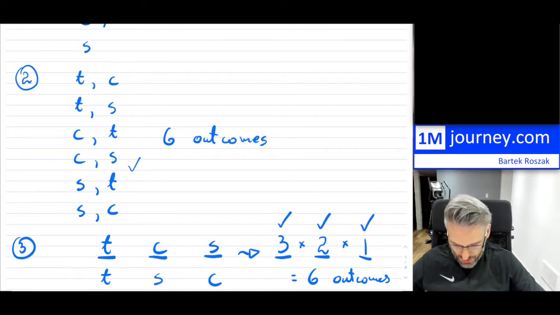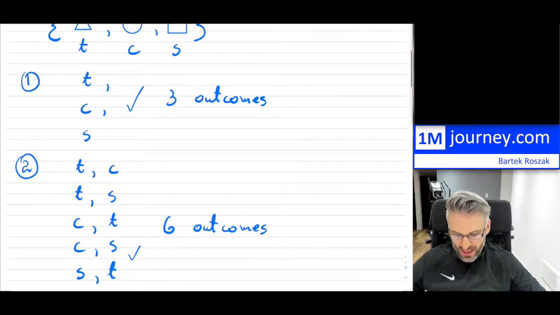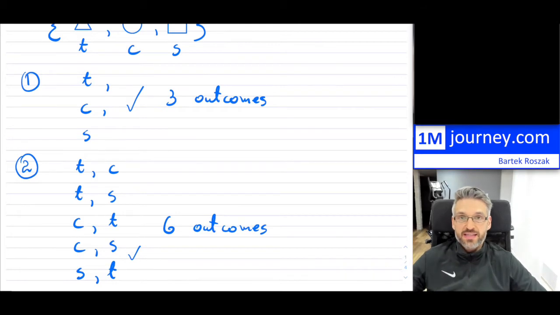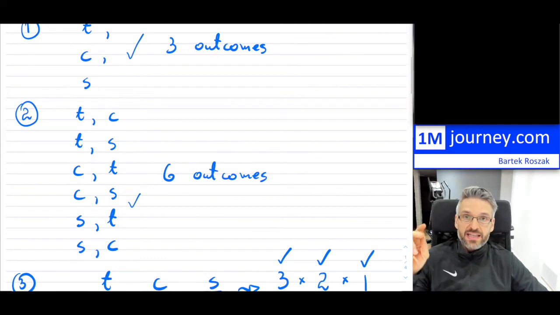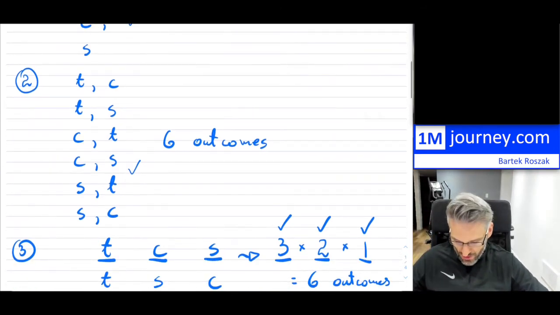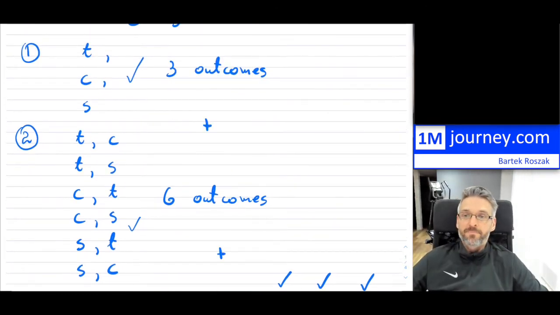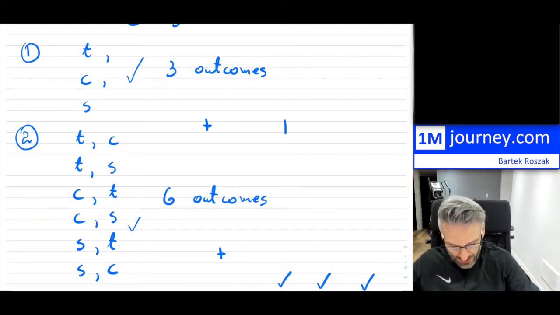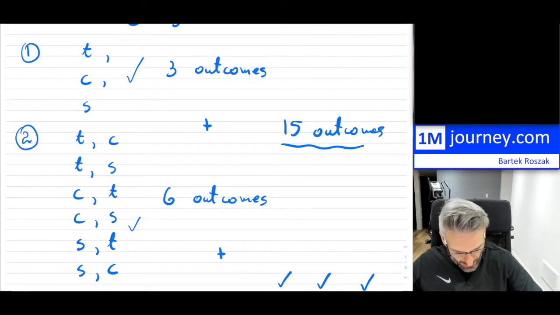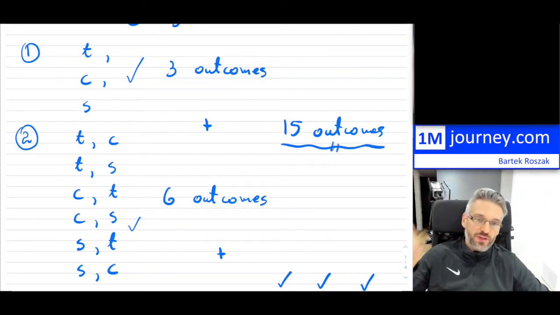Now what you see is 3 outcomes if you only send 1 of these figures, 6 outcomes if you send 2, and another 6 if you send 3. So in total, I can add them up, and I would have 15 possible outcomes that I could send out to the other line.